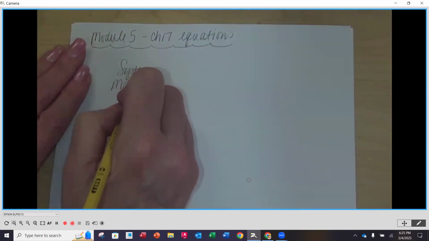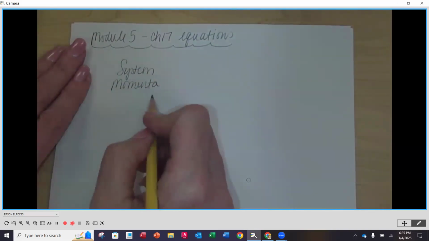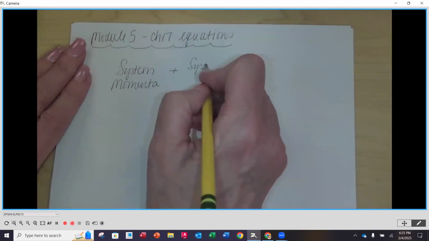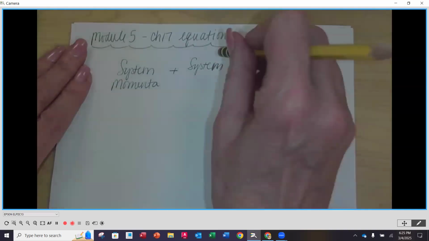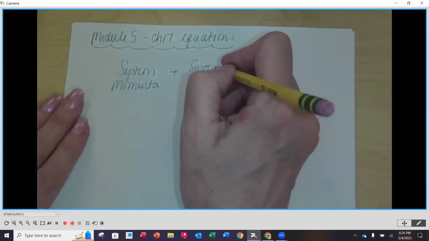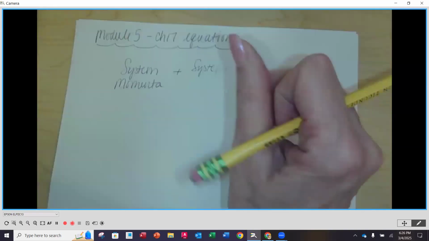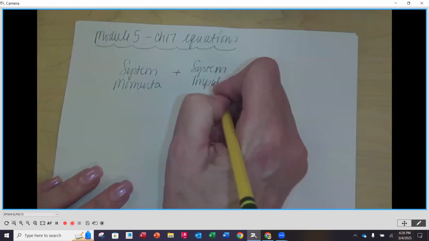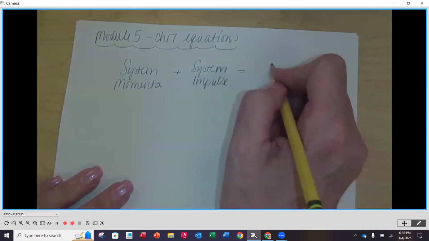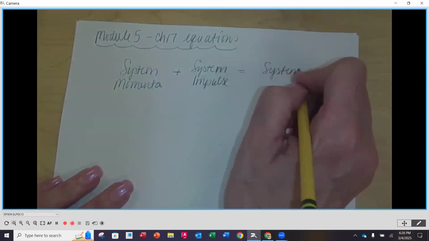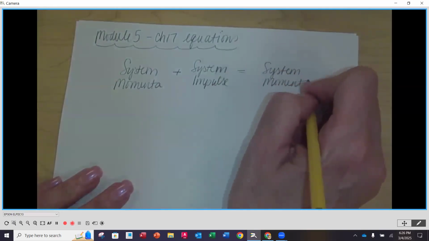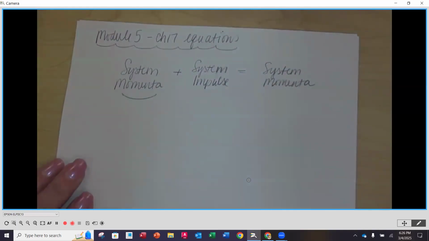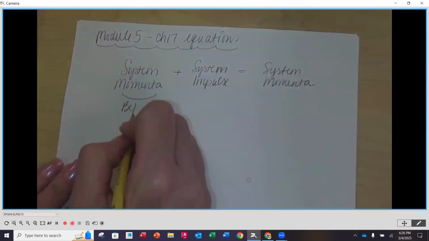So what we want to look at here is system momenta, plural for momentum, plus system impulse is equal to system momentum. Now, just like before, I like to think of my left-hand side as my before.